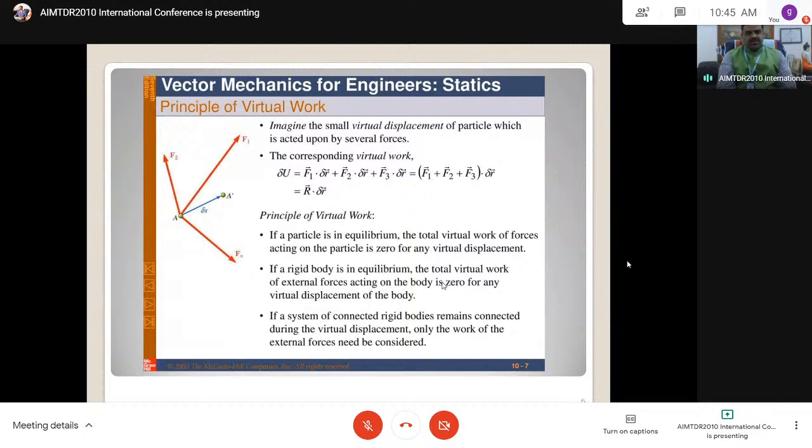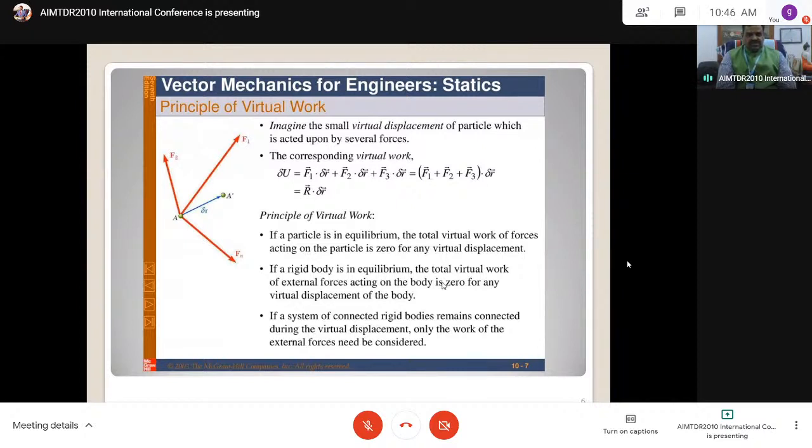If a rigid body is in equilibrium, the total virtual work of external forces acting on the body is zero for any virtual displacement of the body. For a system of connected rigid bodies, like IC engine mechanisms, we have beams, roller support, hinge support, fixed support and a beam. The system consists of a number of rigid bodies which remain connected during the virtual displacement.